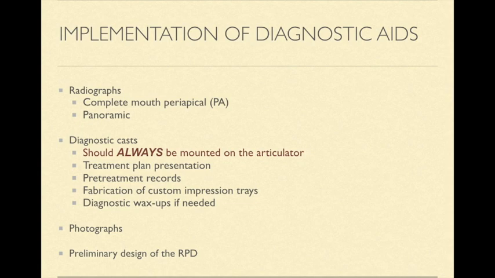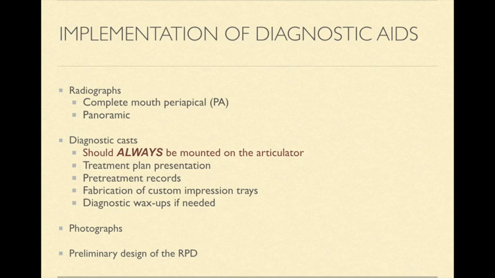You also need a diagnostic cast. Remember, a diagnostic cast should always be mounted on an articulator, because that makes it easier to evaluate multiple factors we will explain later. This diagnostic cast also can be used for treatment plan presentations, the pre-treatment record, to fabricate a custom impression tray, and to do a diagnostic wax-up if needed.